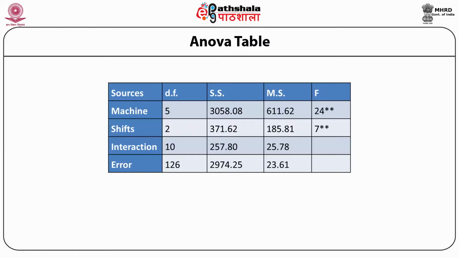Like that you can make the assumptions and then based on these results you can interpret whether this assumption is true. Which assumption? That the productivity of the machine in the 3 shifts varies or not.